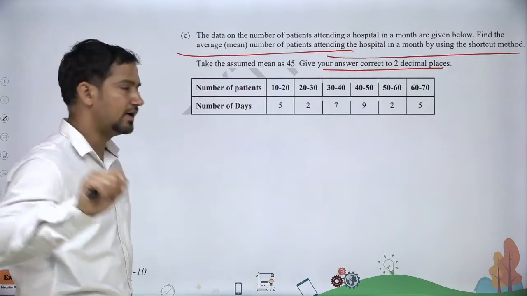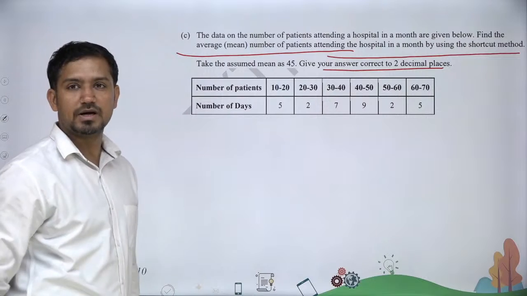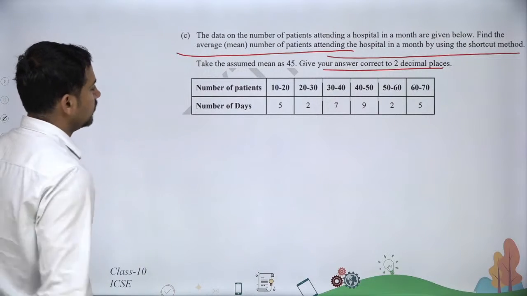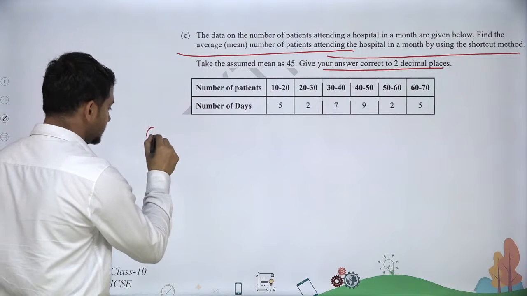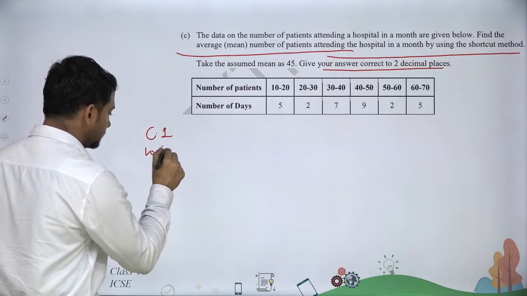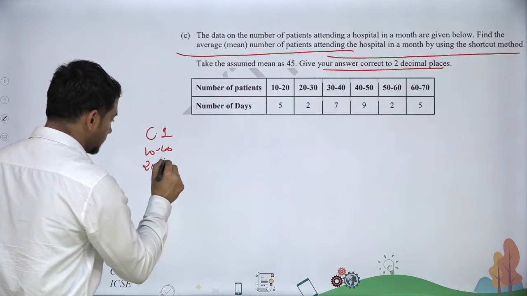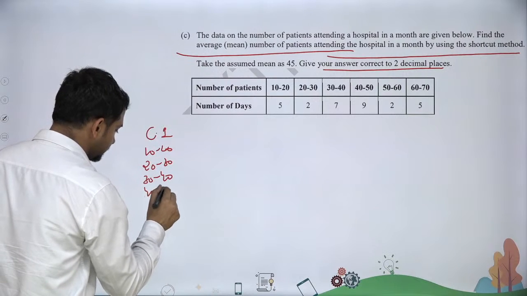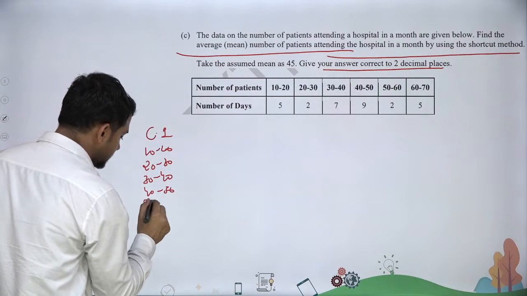Yes or no? Sometimes we call the shortcut method the assumed mean method. Okay. Now, what will the CI be? CI is given: 10 to 20, 20 to 30, 30 to 40, 40 to 50, 50 to 60, 60 to 70.